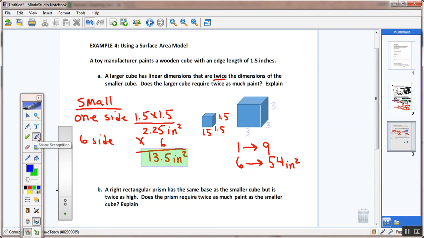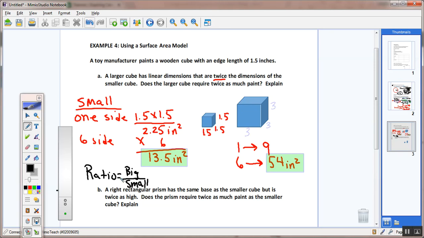All right? Now, guys, they want to know if I'm doubling this right here. Okay? So what we're going to take a look at doing here is this. I want to look at a ratio comparing the area of the bigger figure to the smaller figure.